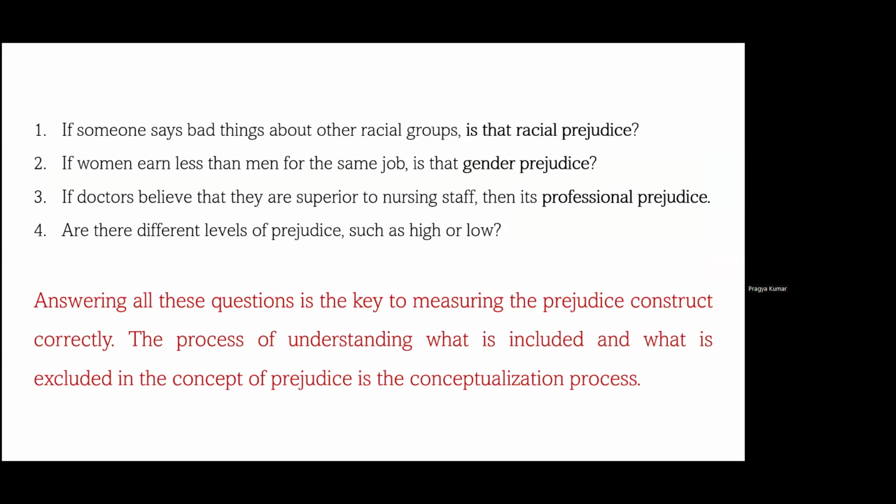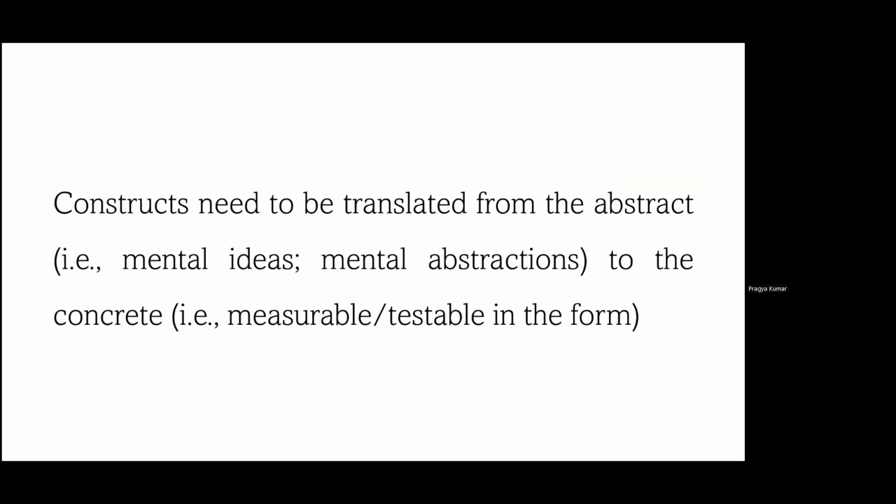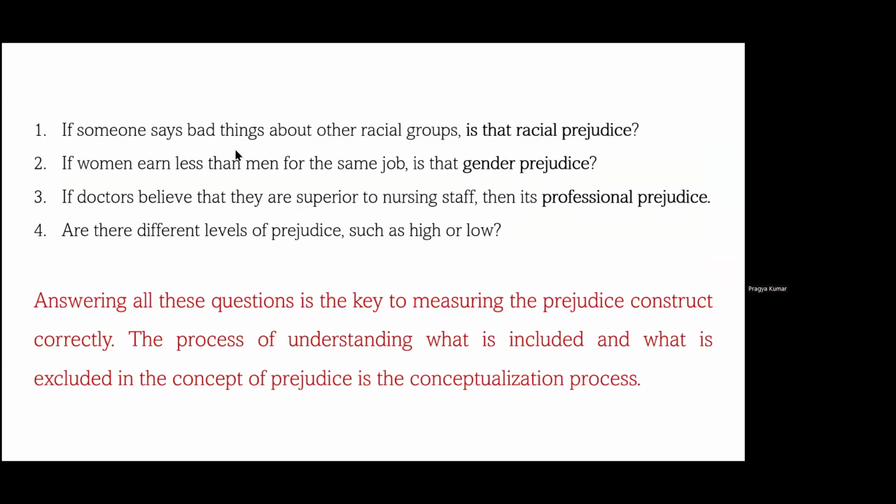You can define this prejudice into subdomains. If someone says bad things about a racial group, it will be a racial prejudice. If a woman earns less than men for the same job, it will be a gender prejudice. If a doctor believes that they are superior to nursing staff, this is a professional prejudice. So prejudice has many contextual forms.